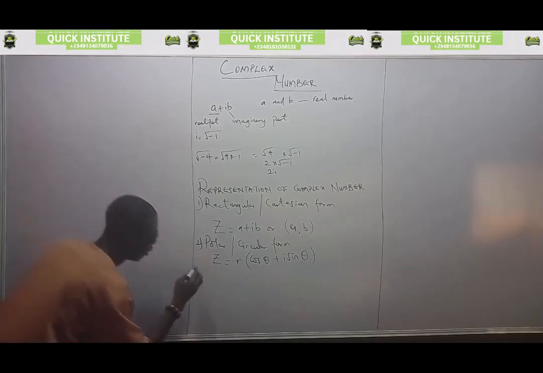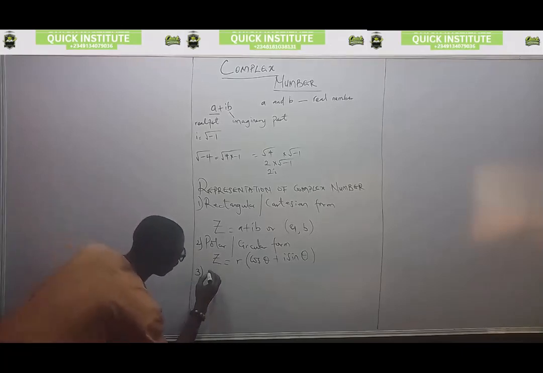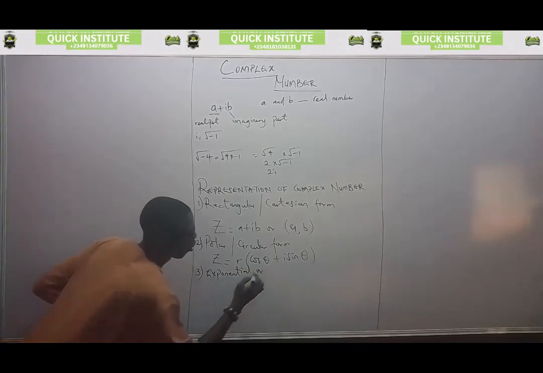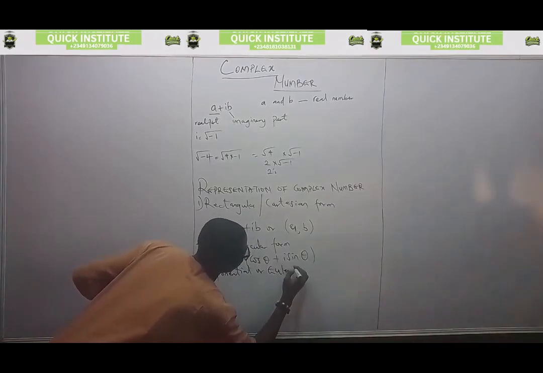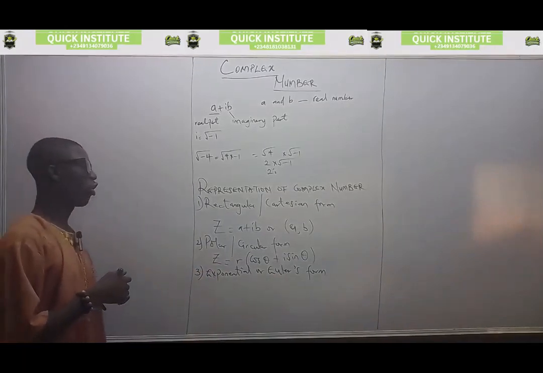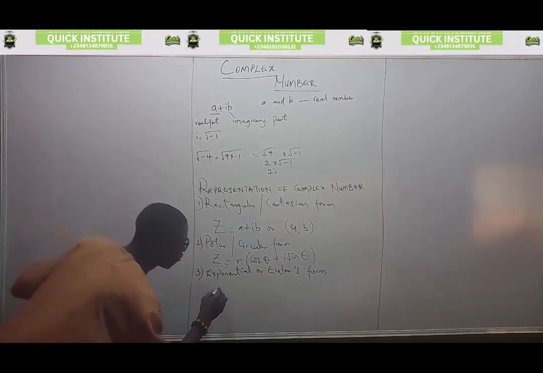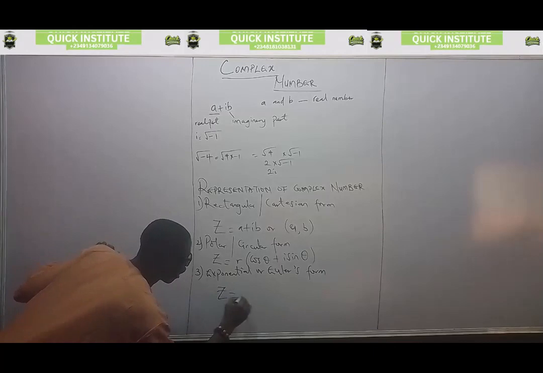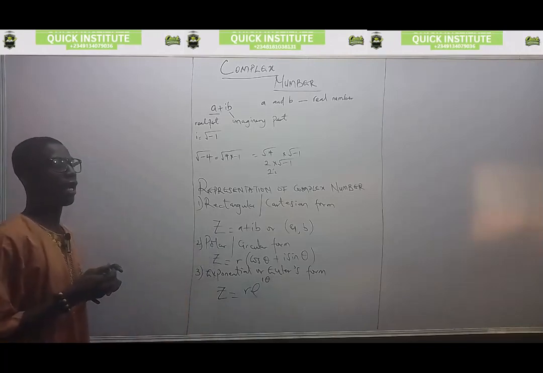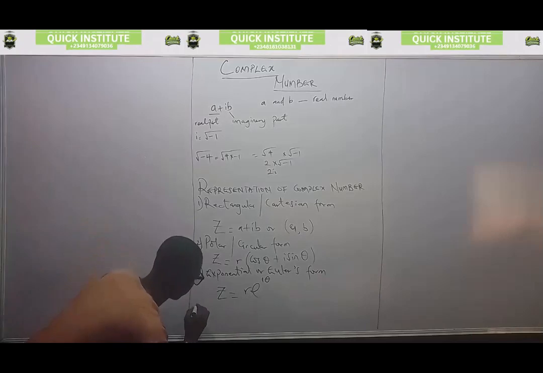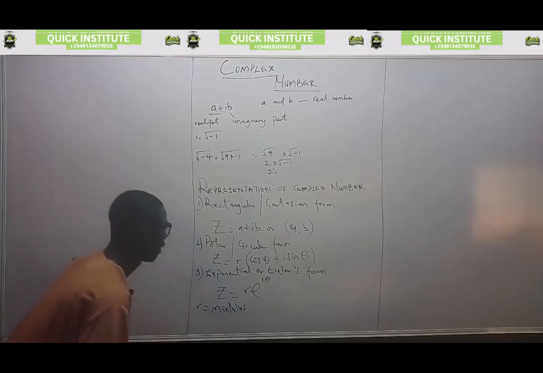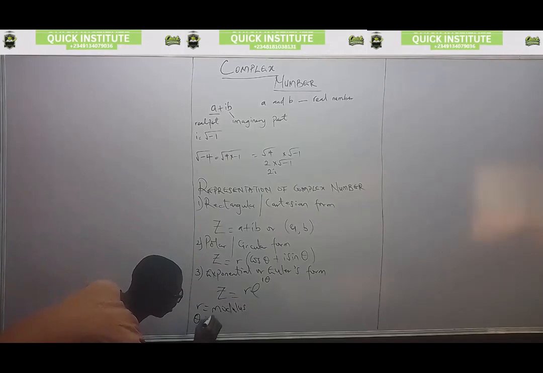And the third one is the exponential or Euler's form. Let's say we have a complex number z, and it will now be r exponential i theta, where r is the modulus and theta is the amplitude.